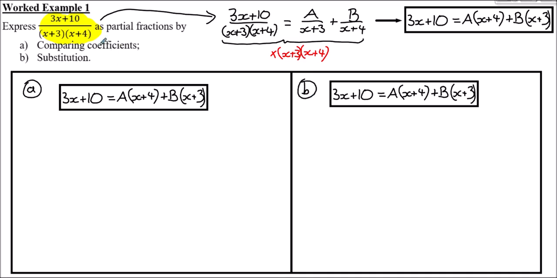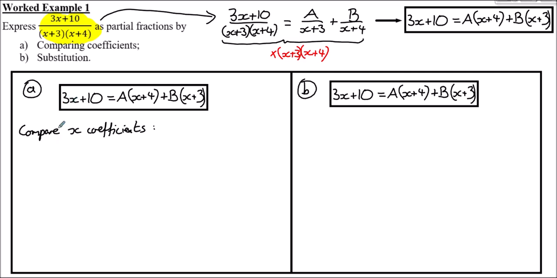So part A, comparing coefficients. If we were to imagine just either the x terms or the constant terms, let's go first of all, I would suggest, for the x coefficients. Coefficients, by the way, in case you're not familiar with that word, just means the constant terms in front of the variables. So the coefficient of x is just 3.